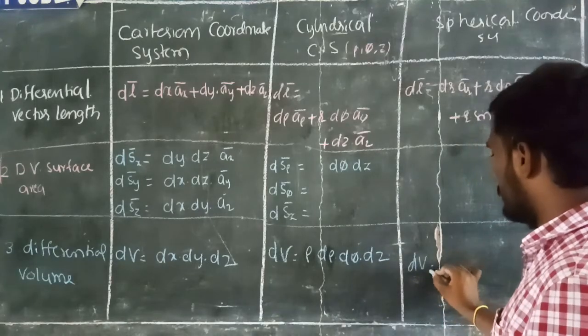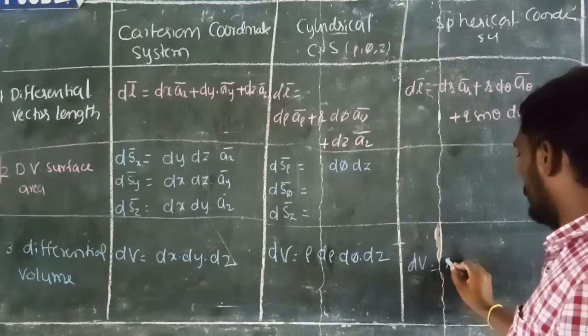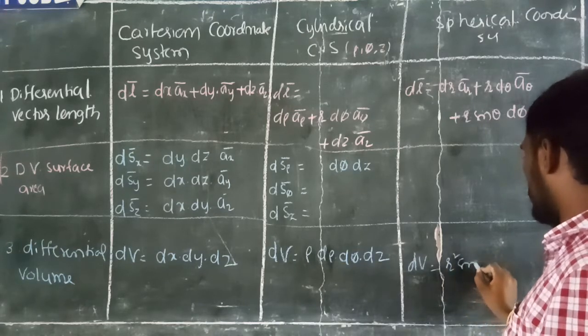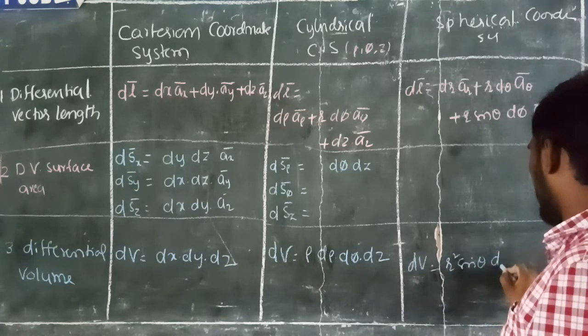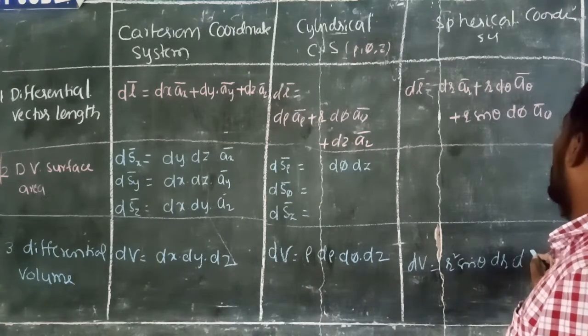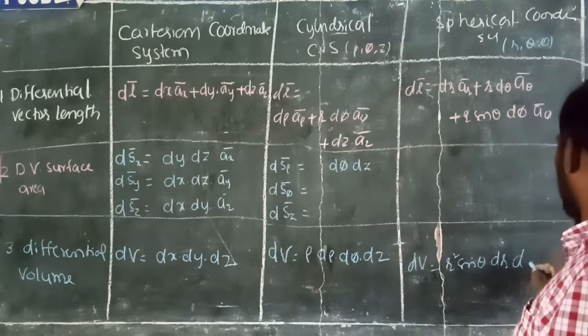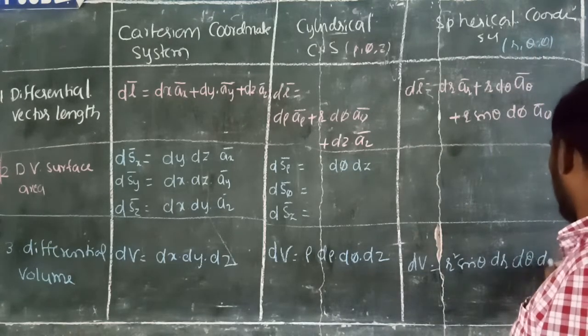And what about here? The differential volume is equal to r square sin theta dr d theta d phi, for the coordinates r comma theta comma phi.